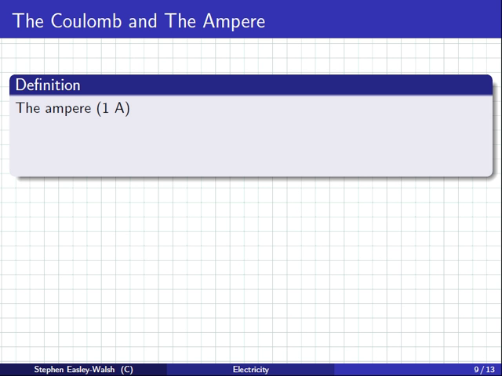Now, I'm going to give you the definition of 1 amp. You might have heard of an amp before. Amp is short for ampere. The definition is very difficult.